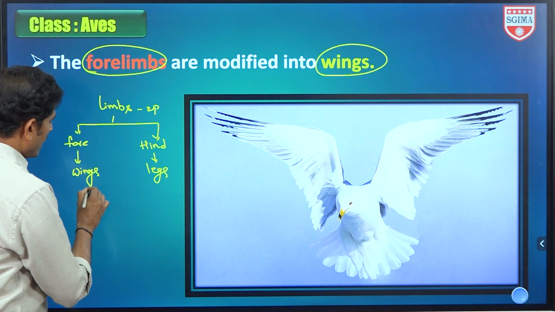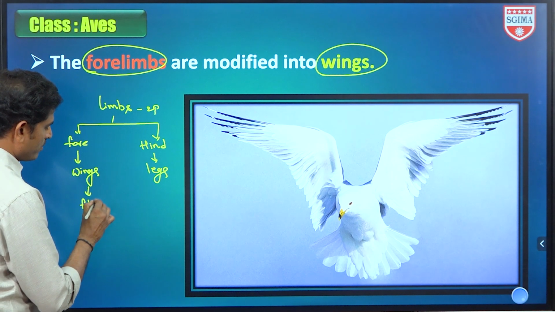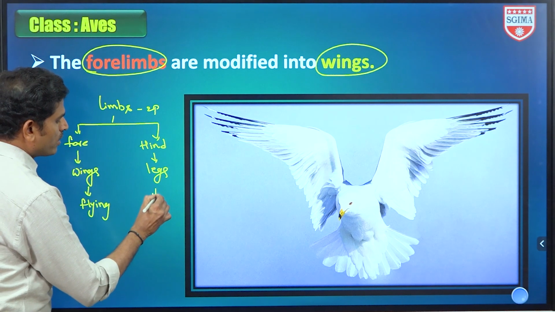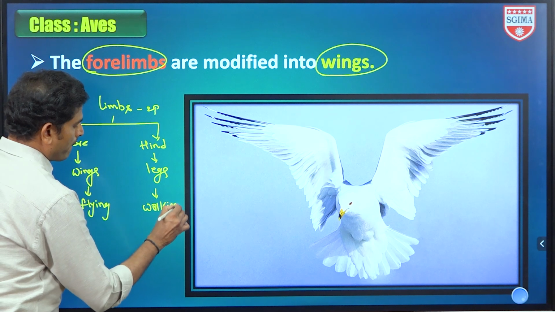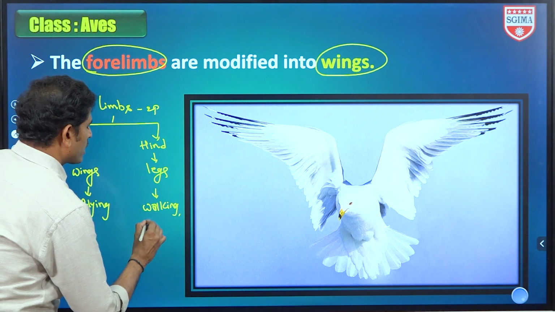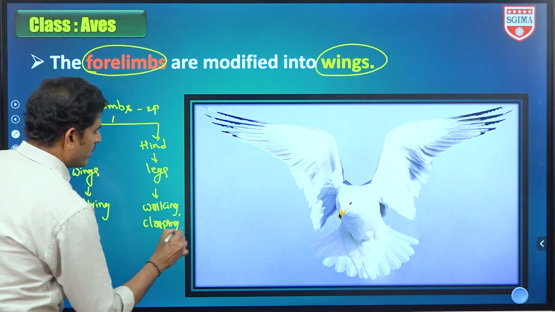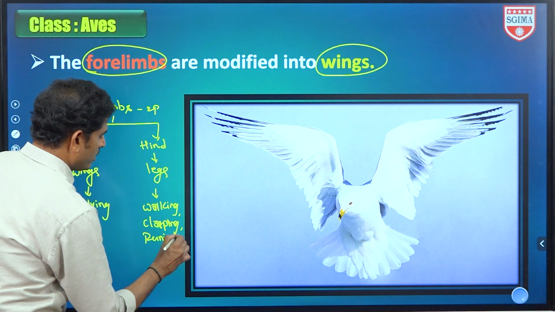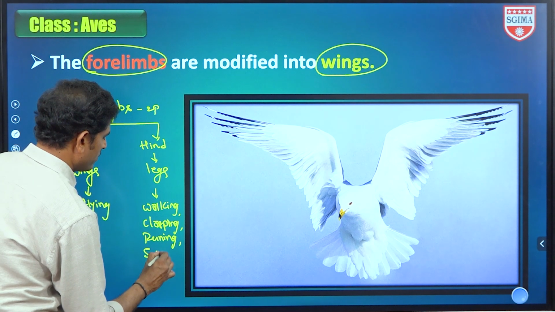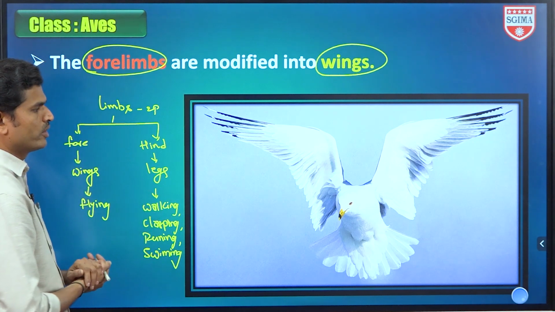And these wings help in flying, and these are for walking. Next, clasping. Next one, running. Next one is swimming. So they are useful for various purposes.